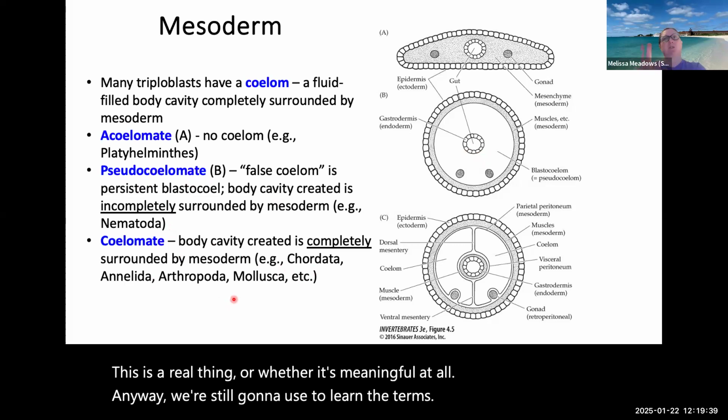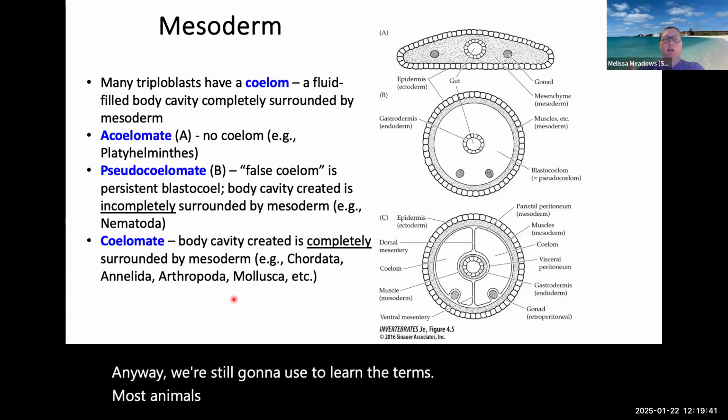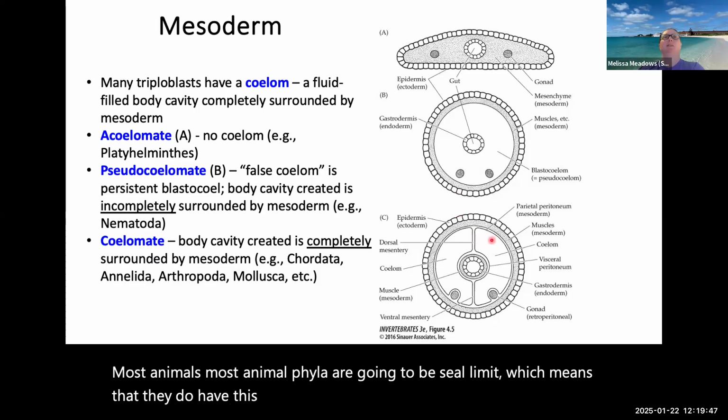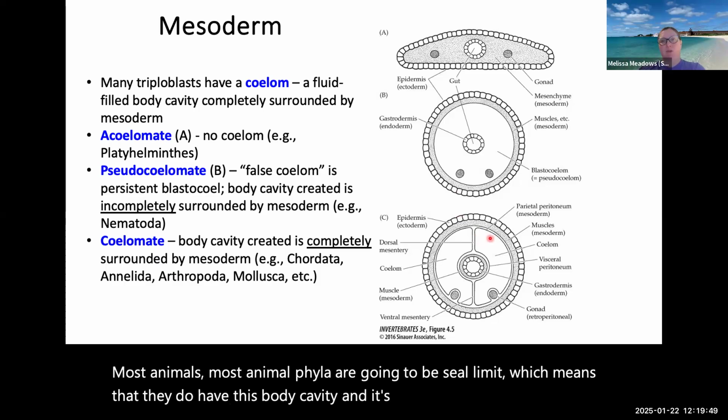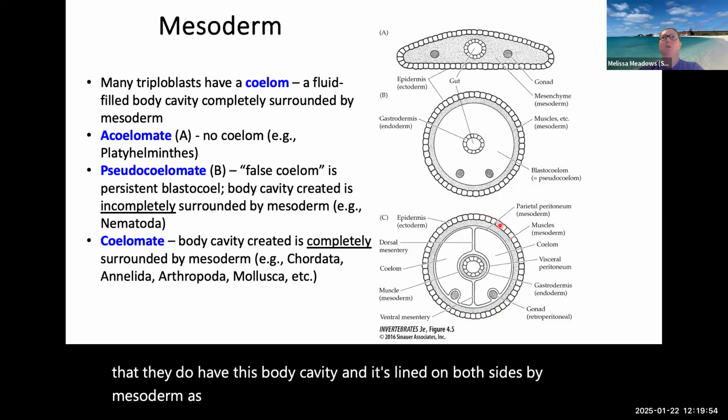Most animal phyla are going to be coelomate, which means that they do have this body cavity, and it's lined on both sides by mesoderm, as you can see here.